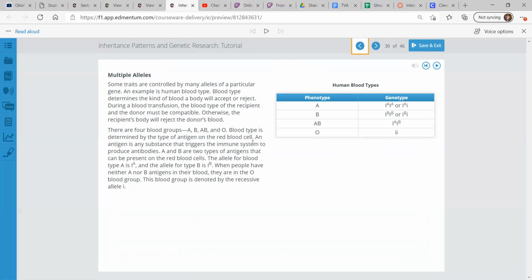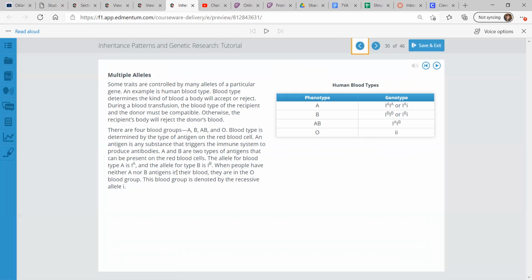And there are 4 blood groups: A, B, AB, and O. Blood type is determined by the type of antigen on the red blood cell. And this antigen is any substance that triggers your immune system to produce antibodies. So antigen, antibodies.